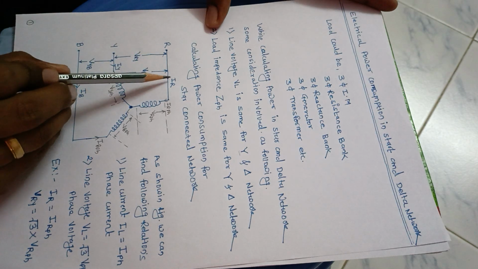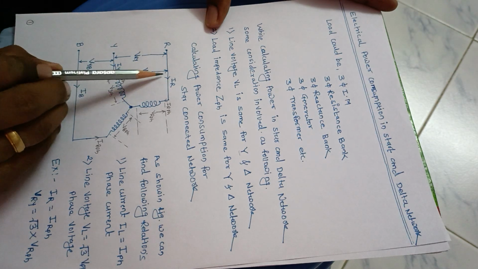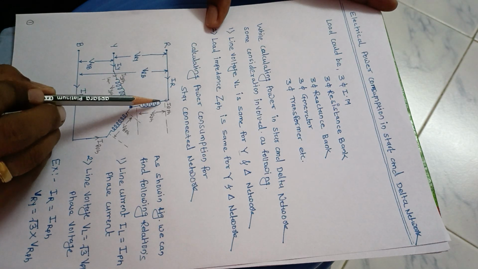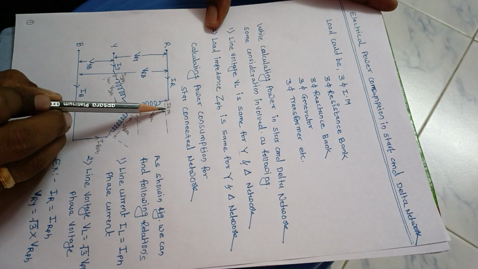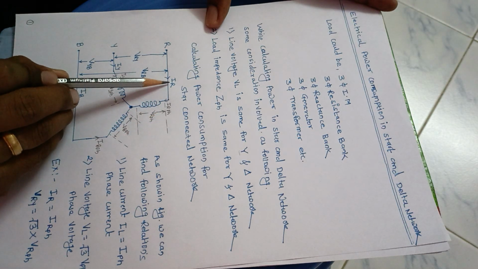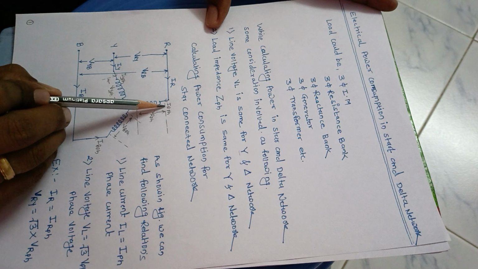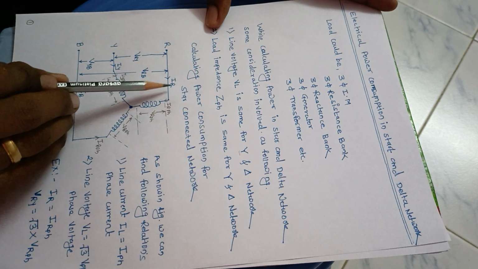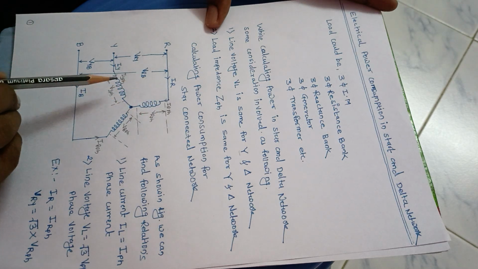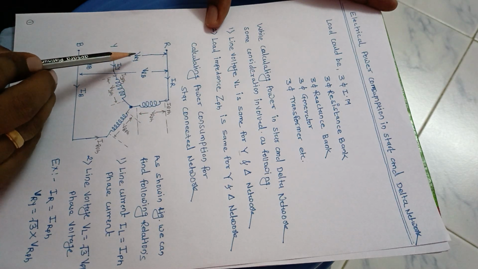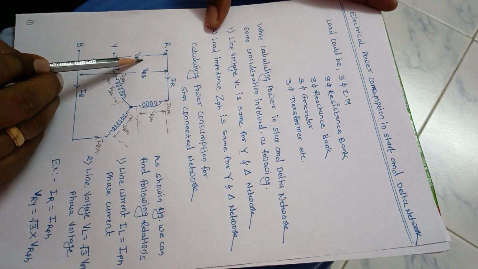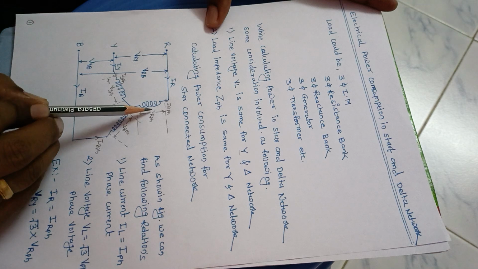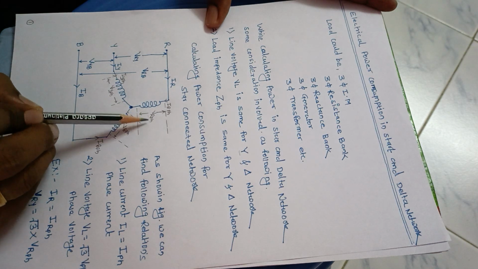The line current IR also flows through the R phase winding, that is IRPH. That means IR and IRPH, the line current of R phase and the phase current of R phase, are the same. But the line voltage is VRY, while the phase voltage of R phase is VRPH.